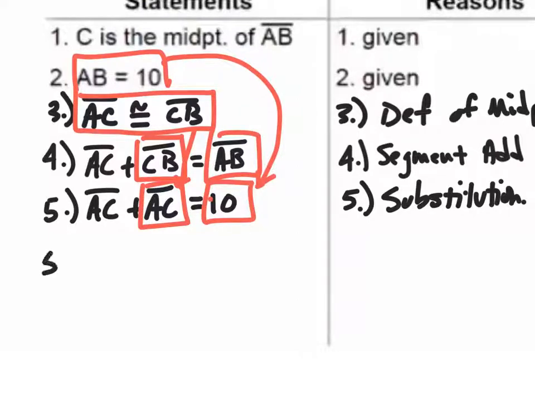Okay, step 6, I would take AC plus AC. That gives me 2 times AC, which is equal to 10. Because we have to arrive at AC equal to 5. We have to logically show how to get from one step to the next. What I did there is I just combined like terms.